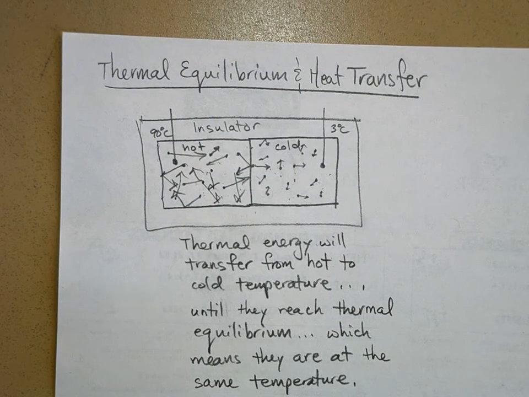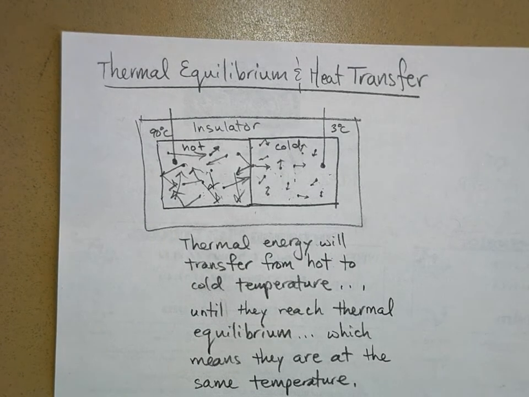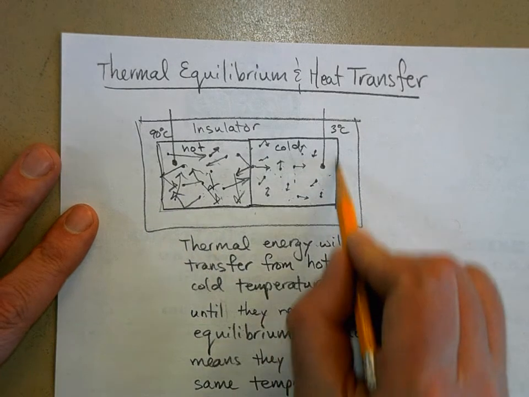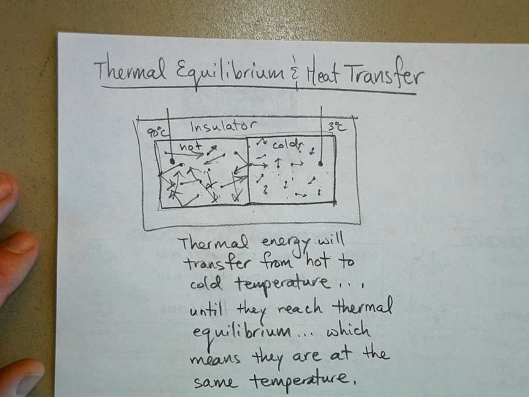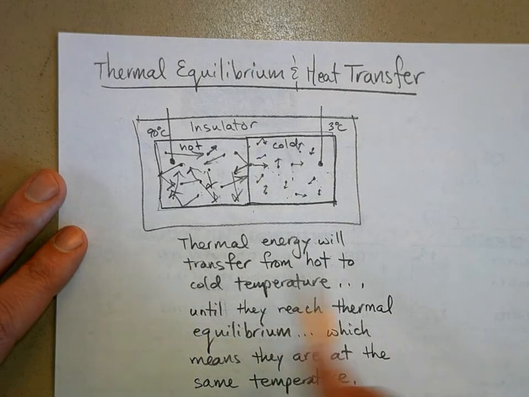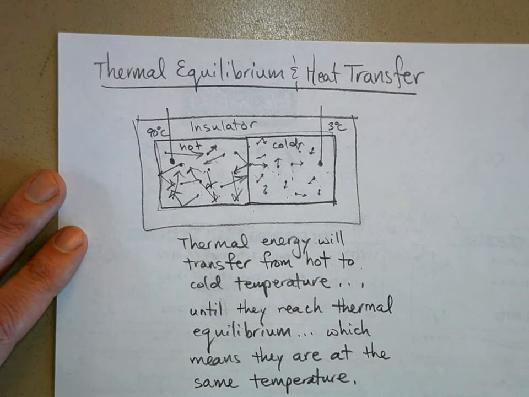Not on its own, not unless you get some outside mechanism, like a refrigerator doing work to make that happen. If you just leave these alone, they will randomize. And thermal energy will transfer from hot to cold temperature.